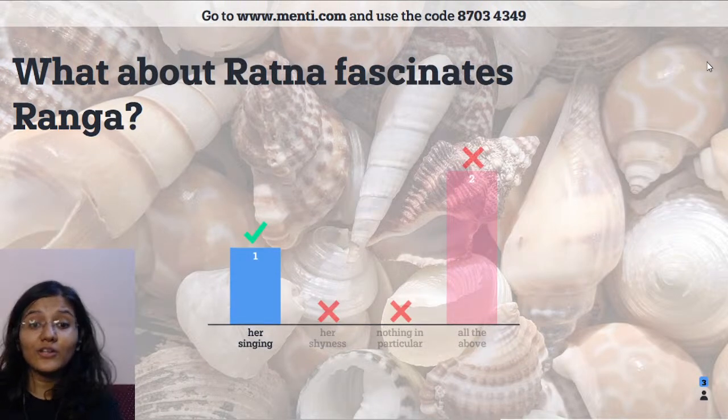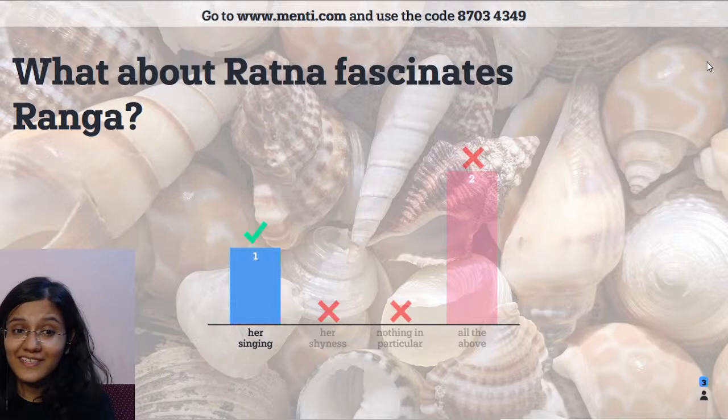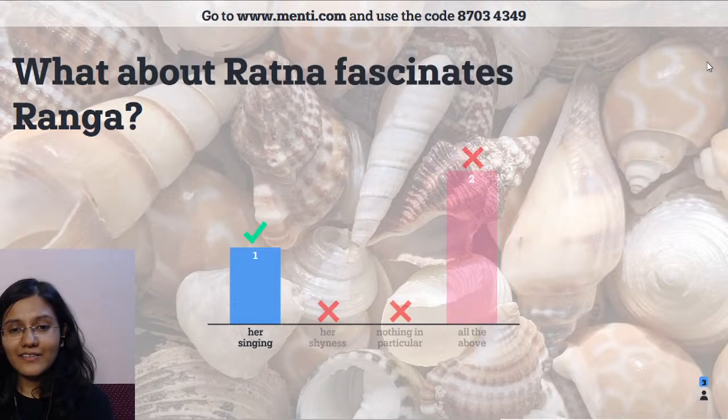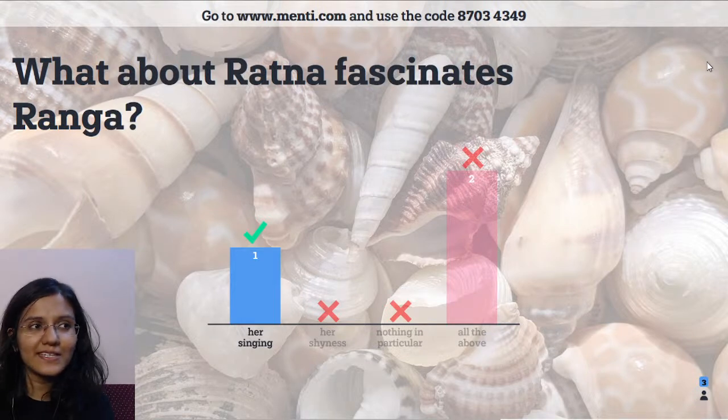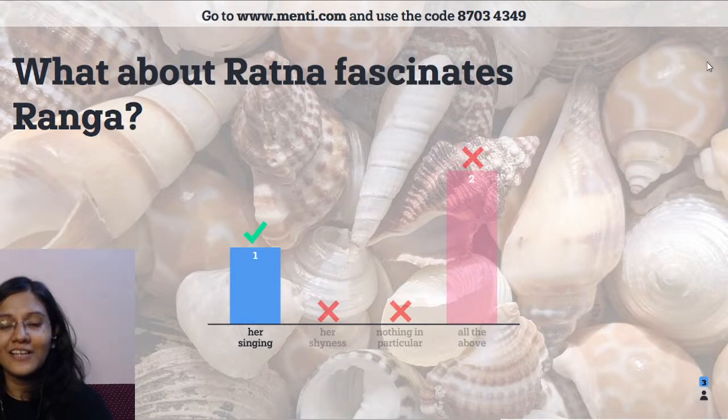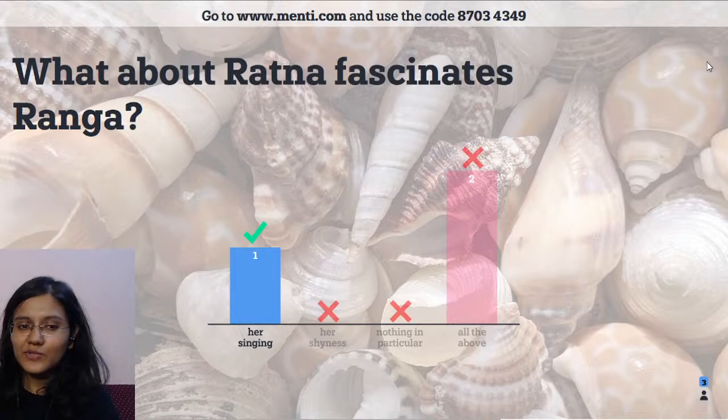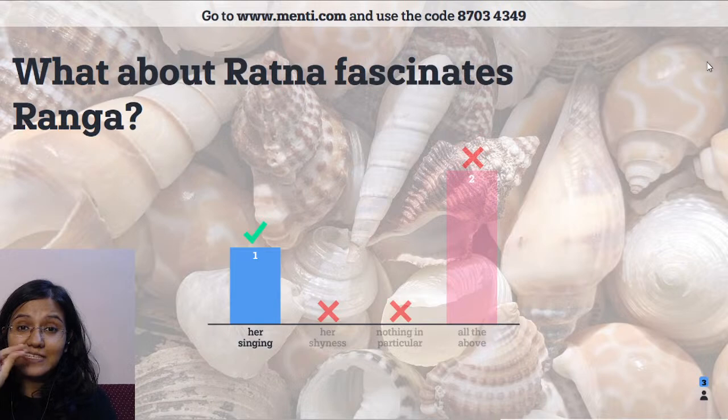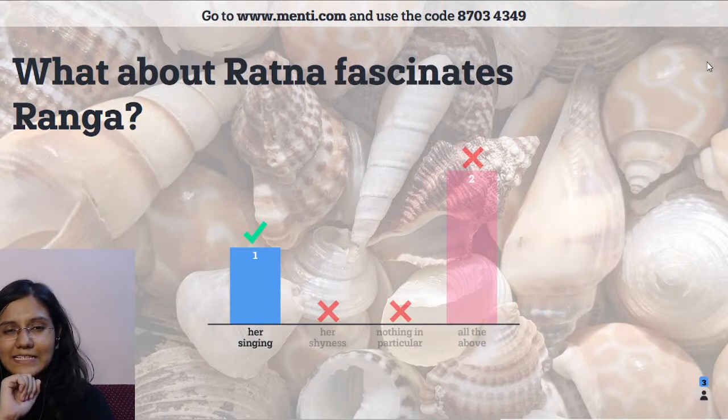Okay, it's actually not all the above. It's just her singing, right? He is at the threshold and he hears this voice and he's like, oh my god, the voice is so beautiful, and then he peeps in to see who's singing. So yeah, it's just the singing that fascinates Ranga. It's this one characteristic that he catches on to, and he's like, I'm interested.